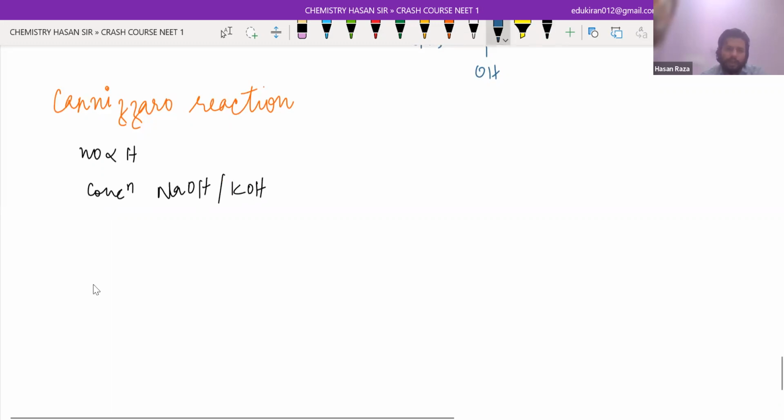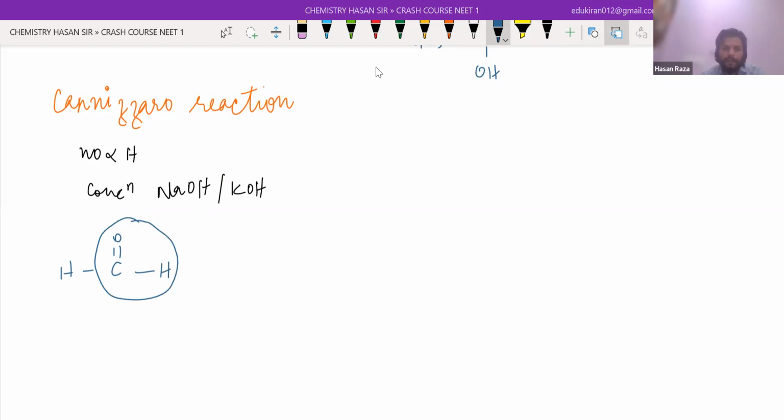So if you have given an aldehyde like this, you can see this is your main functional group. To the carbon it is connected, that is your alpha carbon, and there is no alpha carbon, so there is no alpha hydrogen.